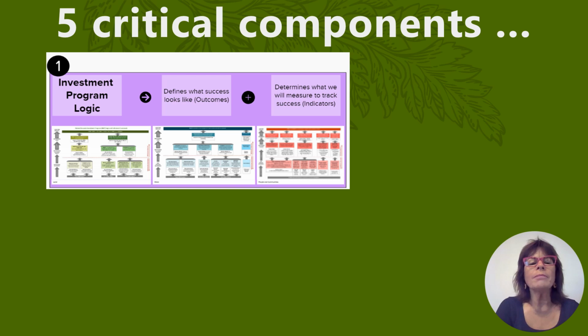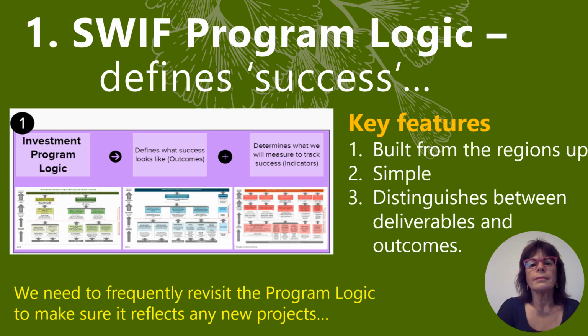The first one is the investment program logic. Before you can actually start to think about methods and data collection and setting up field sites, you've really got to understand what it is that you're trying to achieve. What are your outcomes? What difference are you trying to make? What defines success?